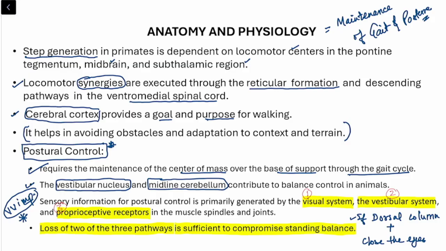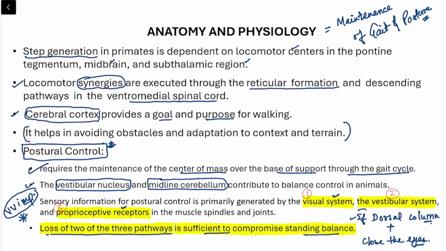The dorsal column carries proprioception, and the eyes carry the visual system. So these two sensory pathways are compromised, and it is written that if two of the three pathways are lost, it is sufficient to compromise the balance.